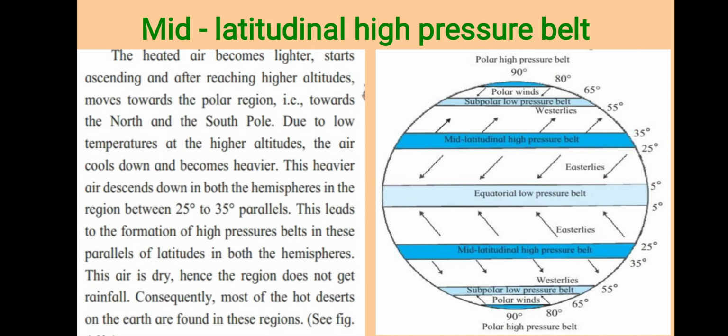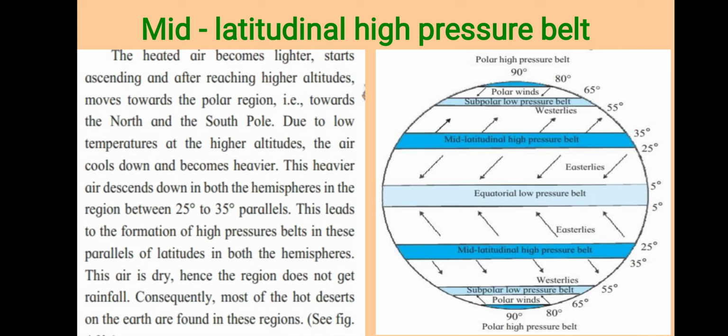Mid latitudinal high pressure belt. This heated and lighter air starts to go towards the higher altitude, means it moves towards the polar region. Polar region means the south pole and the north pole. Due to the low temperature at high altitude, it becomes heavier.